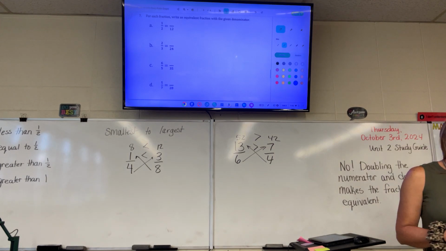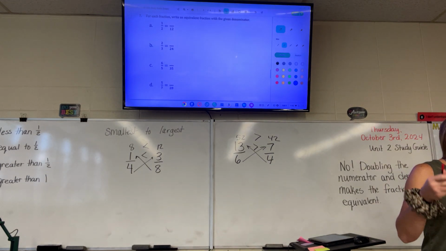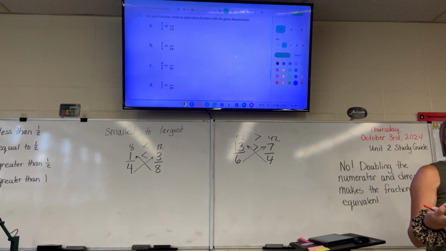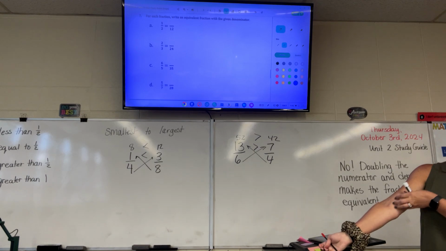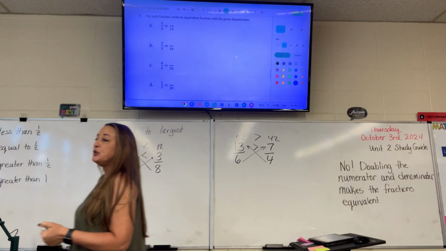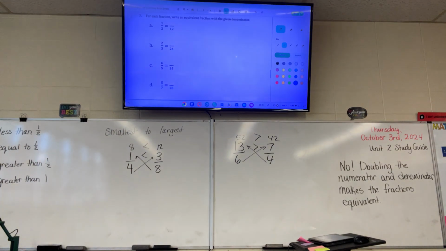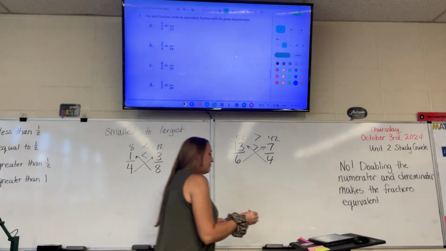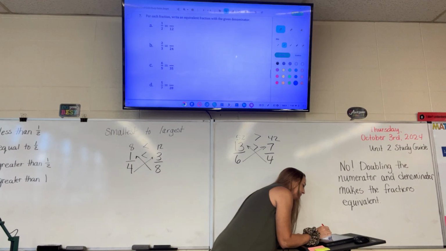So none of these are doubled. So we've got to figure out how to get from 2 to 12. What do you multiply 2 times to get 12? Ari? 6. And if you do it to the bottom, you do it to the top.